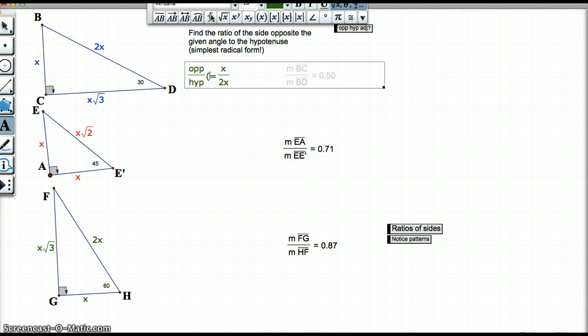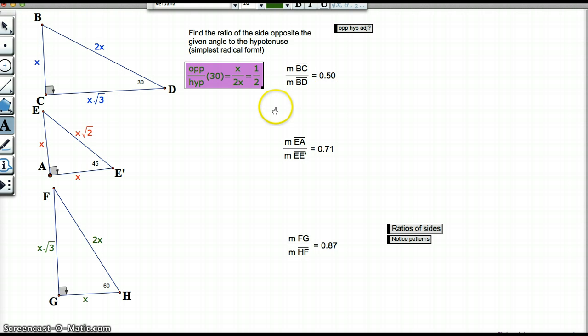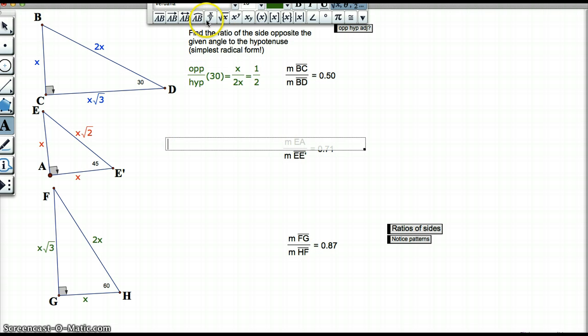And so we're looking at opposite over hypotenuse when we're looking at a 30-degree angle. Is x over 2x? Well, the x's are going to cancel out, and I just get 1/2, which is 0.5. All right, great. So what if I do that down here? I'm going to do opposite over hypotenuse of a 45-degree angle.